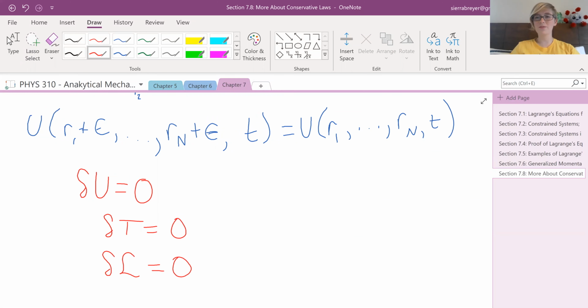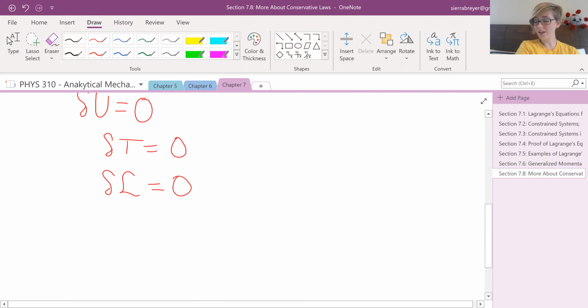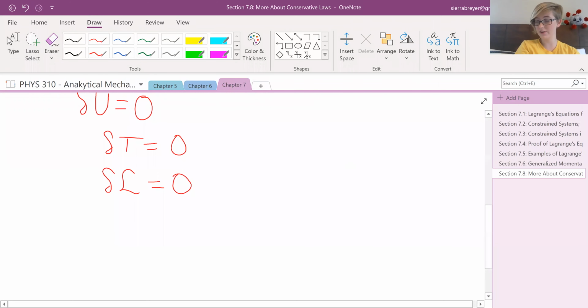So really from just knowing that potential is relative to everything position-wise, and that I'm not altering where they are in relation to each other, I can tell you that nothing's going to change. So we're starting with that premise still. Now we're going to focus on the difference of the Lagrangian being 0.